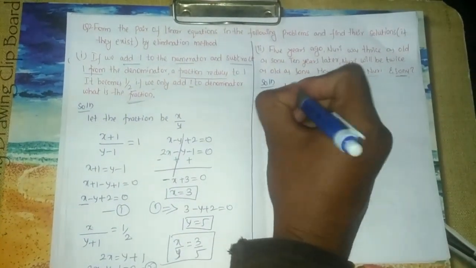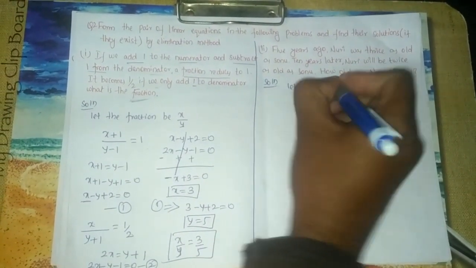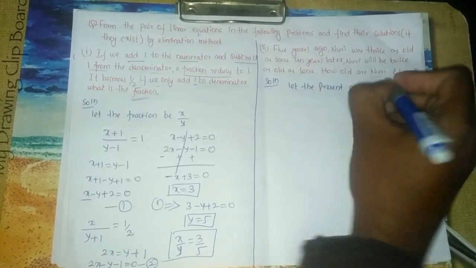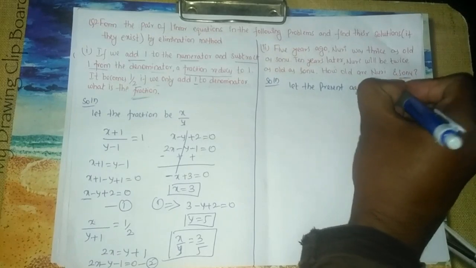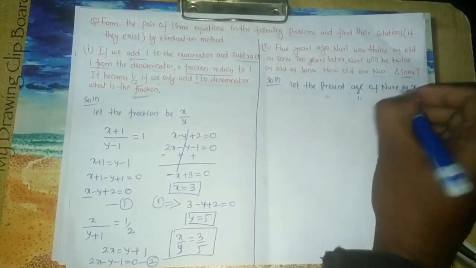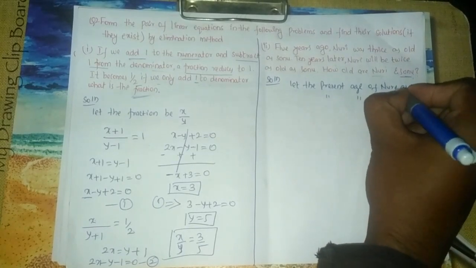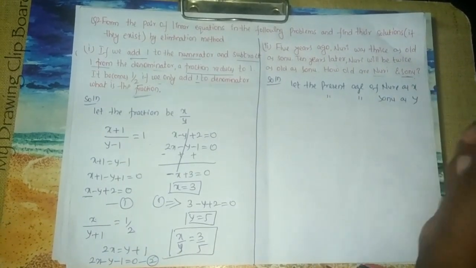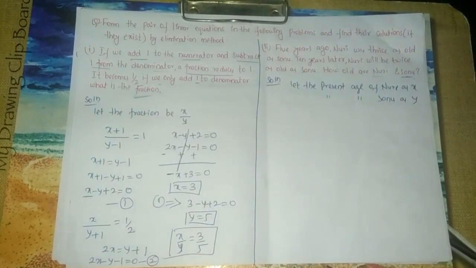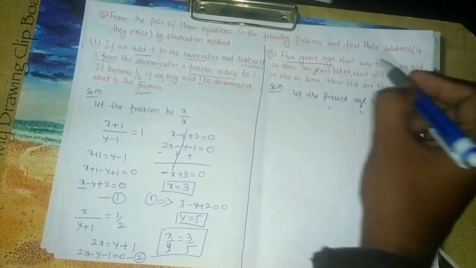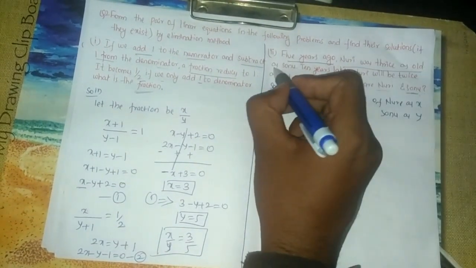Let me write down: let the present age of Nuri be x and the present age of Sonu be y. Now coming to the condition, 5 years ago Nuri was thrice as old as Sonu.